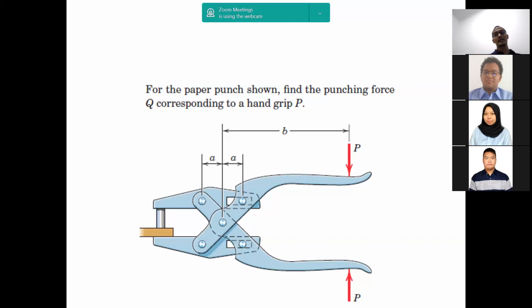Now the next question, which one are we supposed to solve first? Okay, let me guide you. The known value is which one? P. Okay. So normally, the free body diagram that we have to solve first is the one with the known value, Raditya.